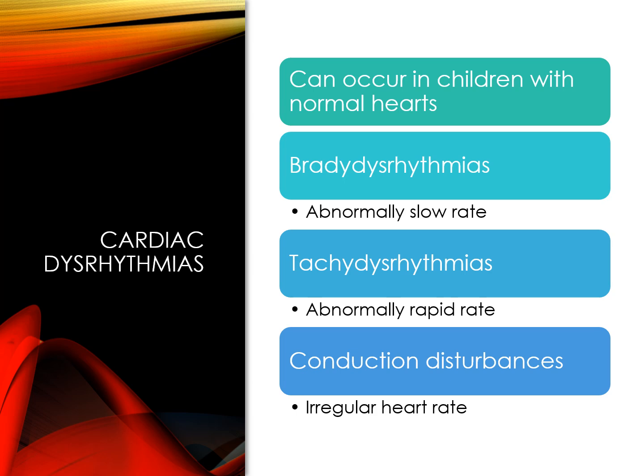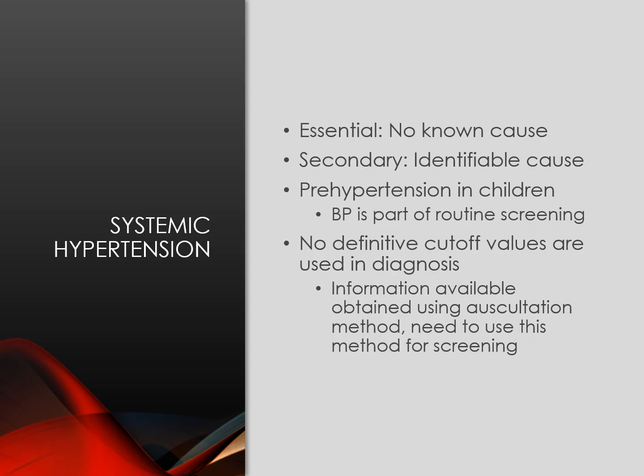So we need to make sure that we check their electrolytes to make sure that their electrolytes are within normal range so that we don't have any cardiac dysrhythmias. Low potassium, low magnesium, calcium, these are all electrolytes that the heart needs in a certain balance to function correctly. And if we are out of balance, we are going to have these dysrhythmias. So we need to make sure we check their labs to make sure that they are within normal ranges.